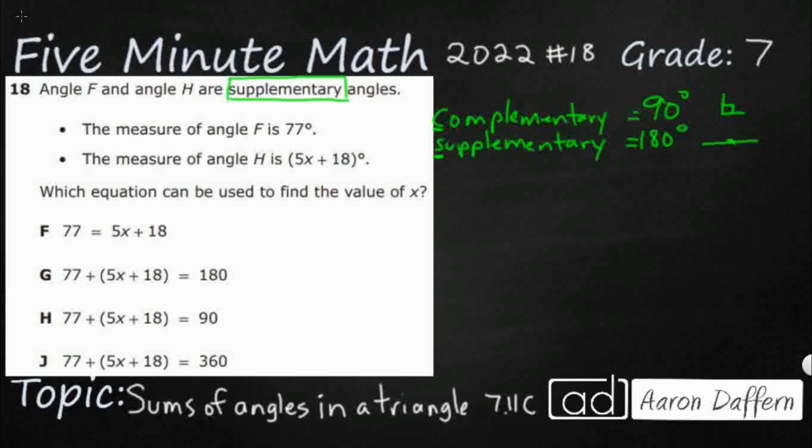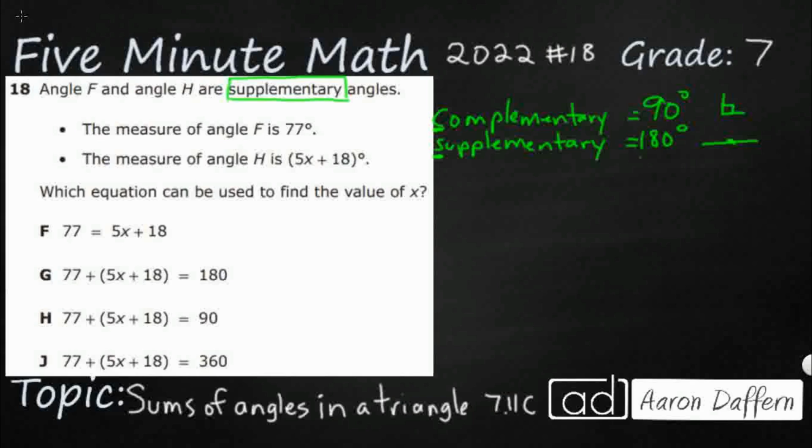I keep these straight because it's C and S in alphabetical order, and 90 comes before 180 if I'm lining them up. So you can come up with your own system if you want to, but complementary angles equal 90, supplementary equals 180. Well, it's going to equal this 180 degrees right here, and so that does give us the answer.